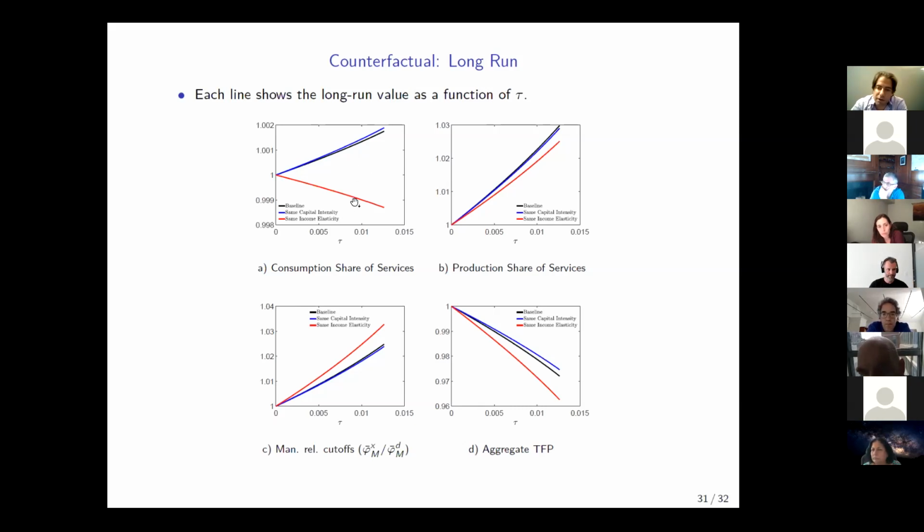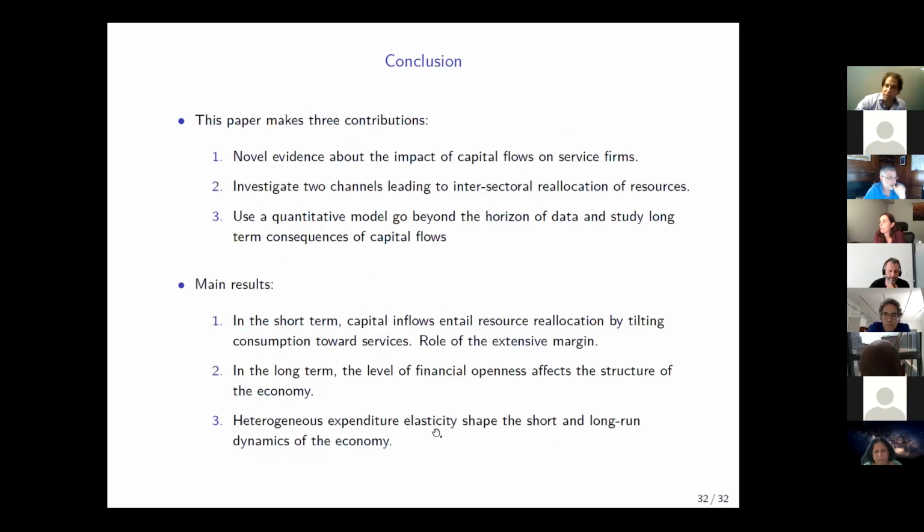In particular, if you were to shut them down, the share of consumption in services, in fact, would go the other way. And that I think is very interesting. Also, you get more reallocation and you get more changes in productivity in the economy due to this heterogeneous expenditure elasticity. But just to be on time, such that George doesn't bully me, let me go to the conclusion.